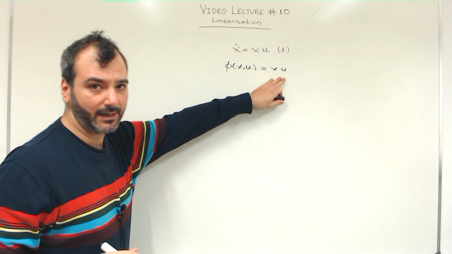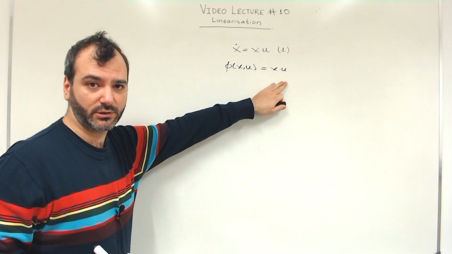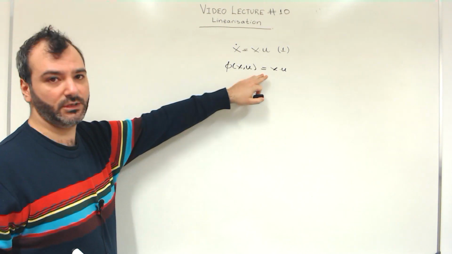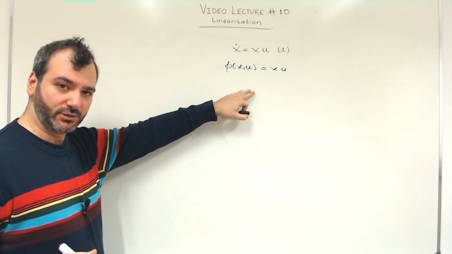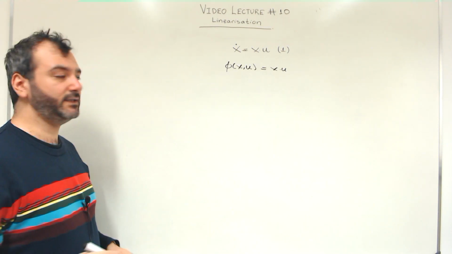Therefore we cannot apply, this is not a function of one variable, therefore we cannot apply Taylor's approximation theorem, which applies to functions of one variable, at least the version of Taylor's approximation theorem that we stated in the last 2 video lectures.